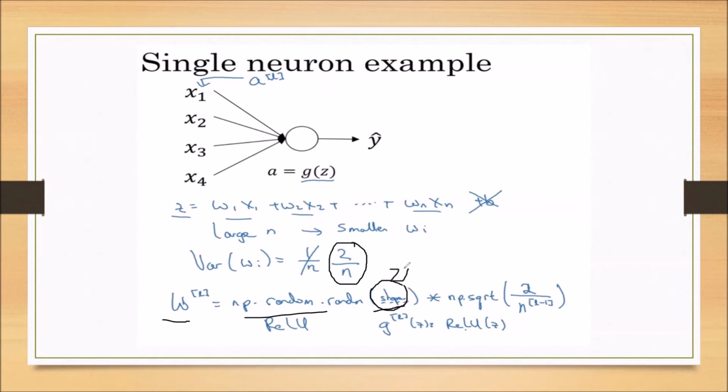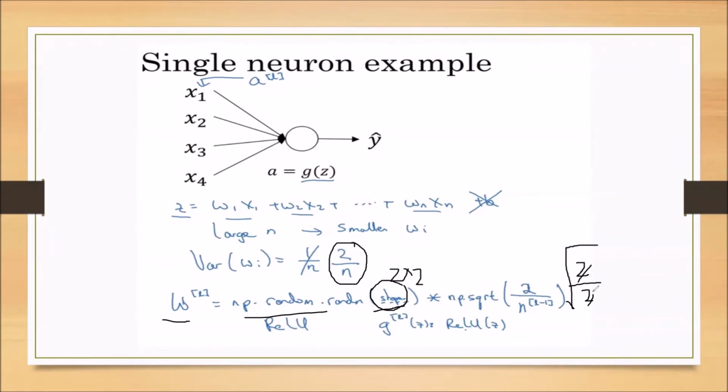If I am using 2 by 2, then it is a 2 by 2 matrix, and then we take the square root of 2 by the number of activation units in that particular layer. If the number of activation units in the layer is 2, then it is the square root of 2 by 2, which is the square root of 1, which is 1. Because the number of activation units is only 2, it is not much affecting W. So W is simply a random matrix, whatever we take.